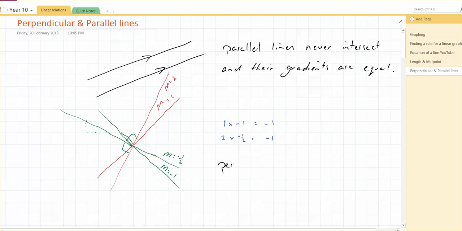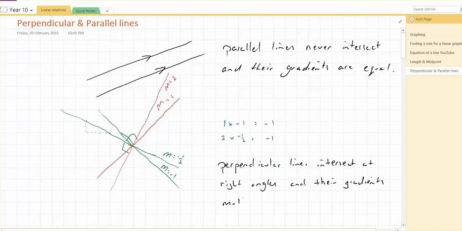Perpendicular lines intersect at right angles. And this is the important thing here, their gradients multiply to -1.